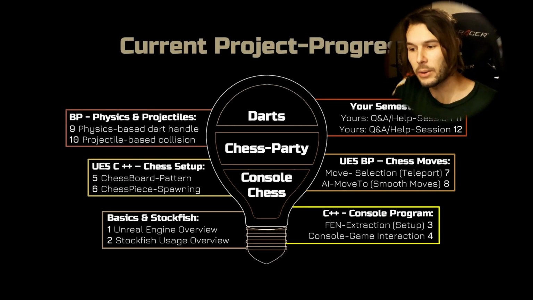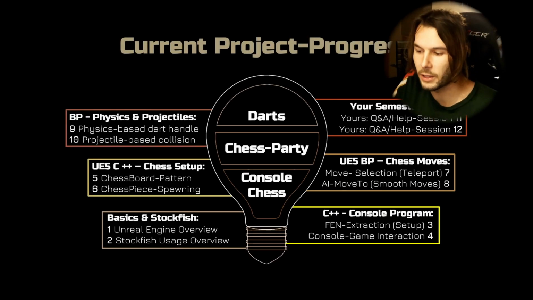When we take a quick look at our current project progress, we can see that we already advanced to the C++ console program and actually the last lesson of the plain C++ part. So let's do a quick recap. What exactly is Stockfish doing and what did we do the last time? What is the FEN extraction about? And then move on to the actual console game interaction, where I will show you how we can implement that in code.